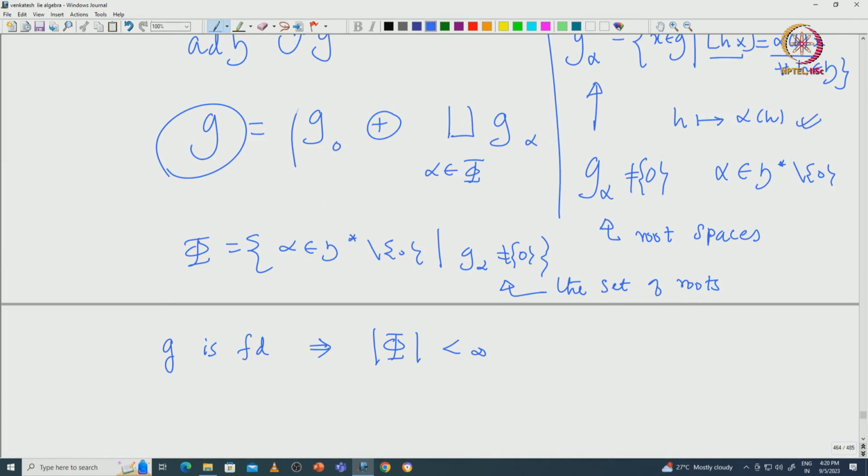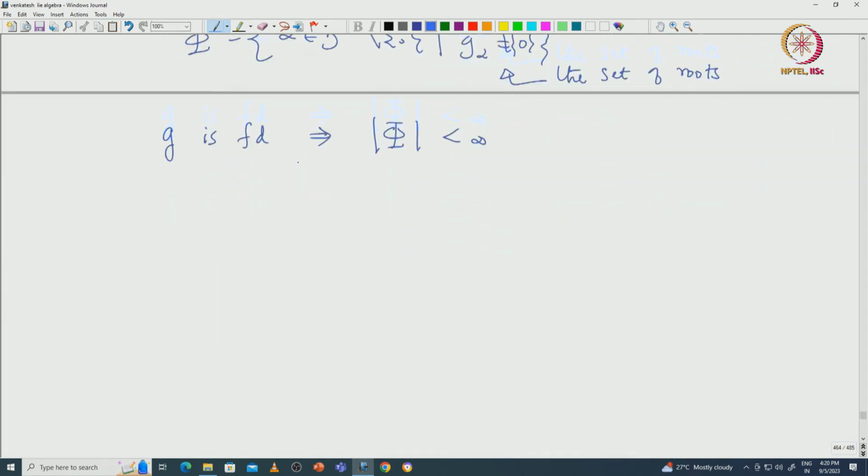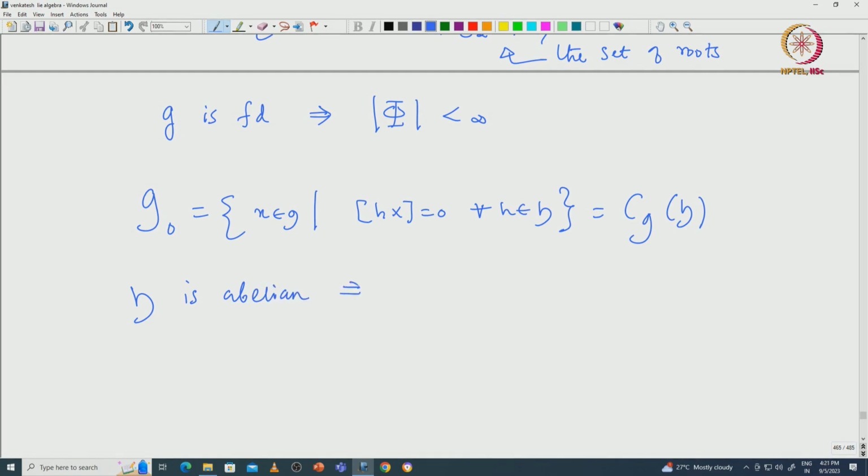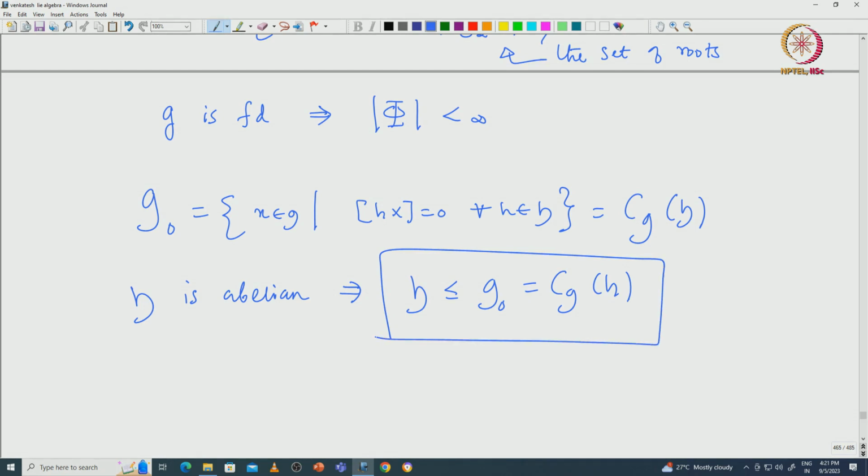Note that G0, which is defined for the functional 0, is by definition those x in G such that H acts on x to be 0 for all H in H. If we carefully look at it, this is nothing but the centralizer of H in G, the CG of H, which are those elements that centralize all elements of H. Since H is abelian, H must be contained inside G naught, which is CG of H.